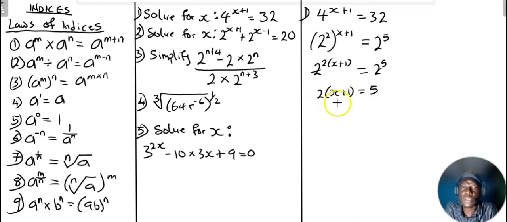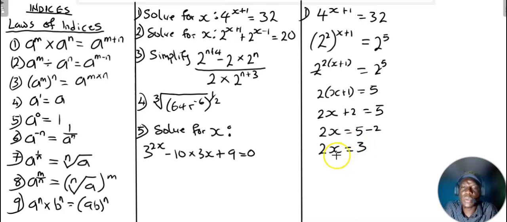Opening the brackets, 2 times x will give you 2x, 2 times 1 will give you plus 2. This is equal to 5. When you cross the 2 over to the other side, you have 2x is equal to 5 minus 2, which will give you 3.